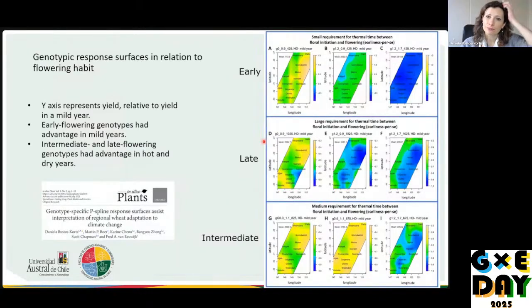So what do we say? If we go back to this idea of adaptation landscape, so basically looking at how a genotype will react to a certain environmental gradient, we can fit a spline. Here we have different genotypes in Australia, and here we have latitude and longitude for one genotype. We see that this genotype, for example, is in general high yielding.